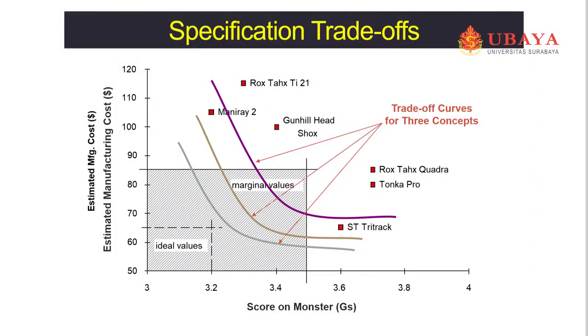So this is an illustration of the marginal and ideal values. There are 3 alternatives. This is just an example. We have trade-off curves for 3 concepts. The first concept, I think, is the best one, the one with the gray lines, because it is near the ideal values.